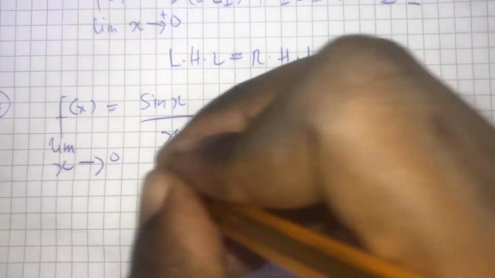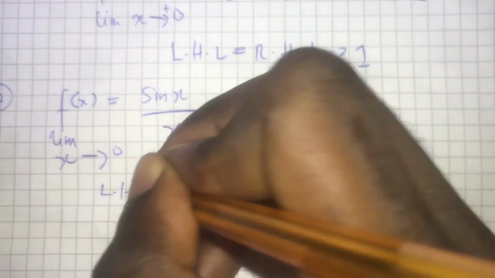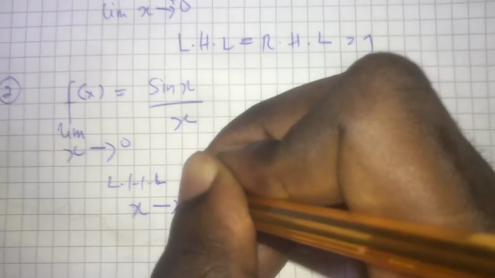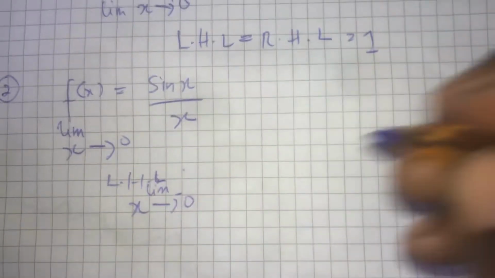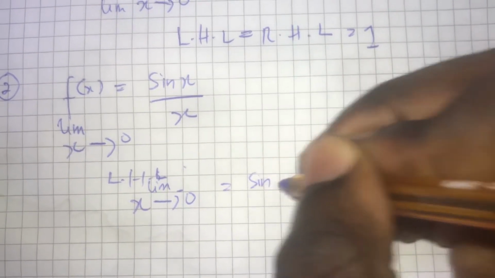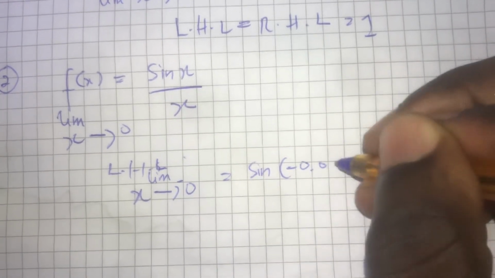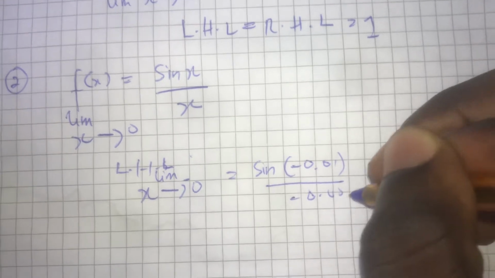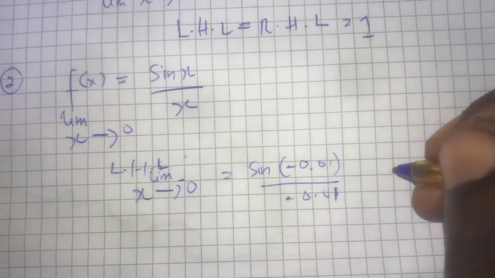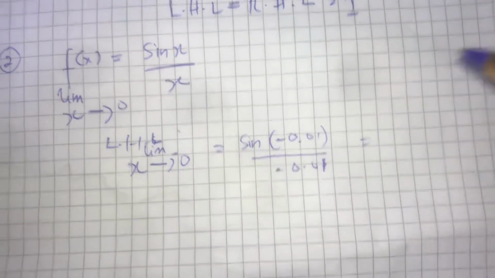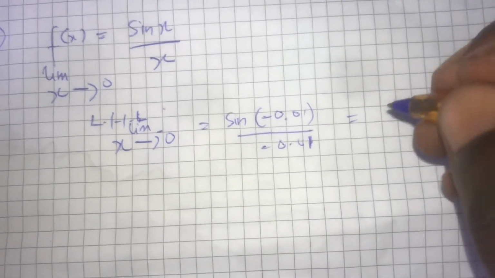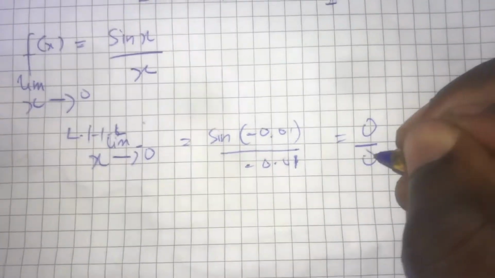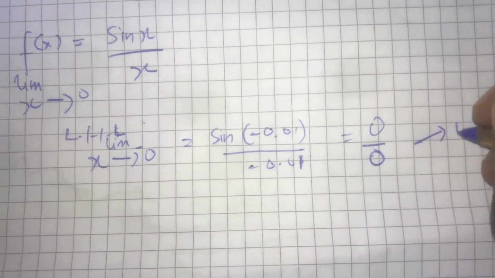So with the left hand limit, x approaches 0 from the left hand side, I have sine of minus 0.01 over minus 0.0001. So here I have 0 over 0. Now 0 over 0 is indeterminate.